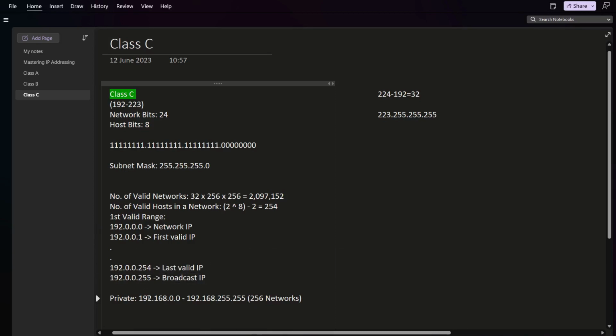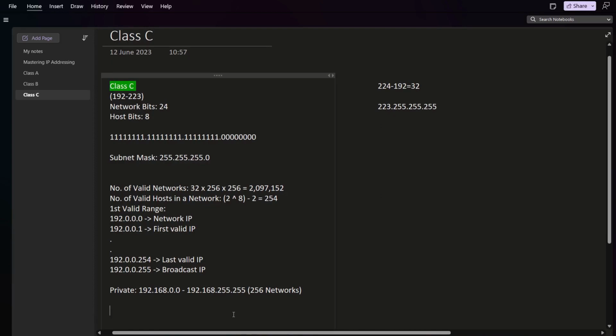Okay. Now the private range for class C is 192.168.0.0 to 192.168.255.255. So we have a total of 256 networks which are used for private in class C. You may also be familiar with this IP range, right?